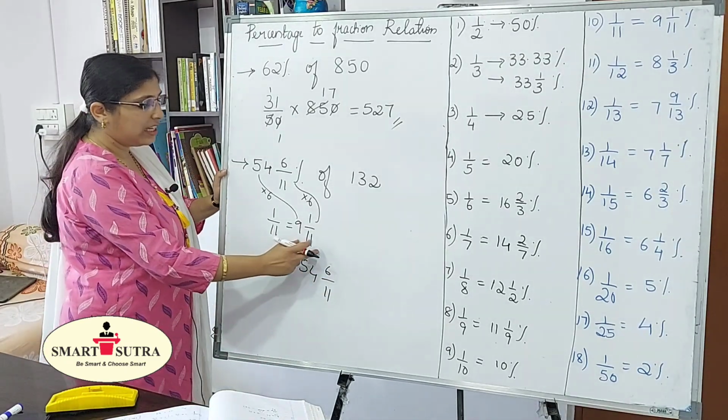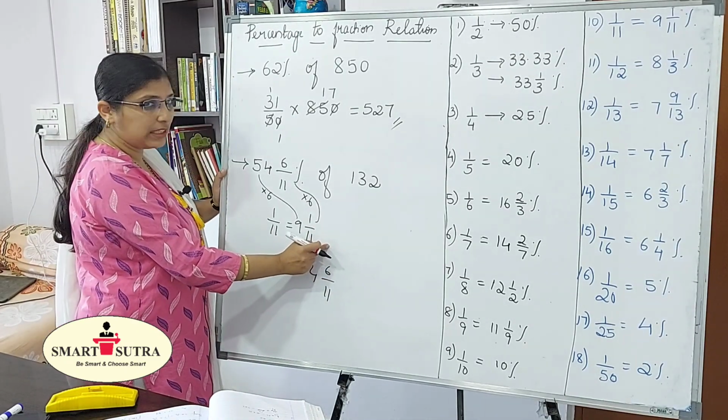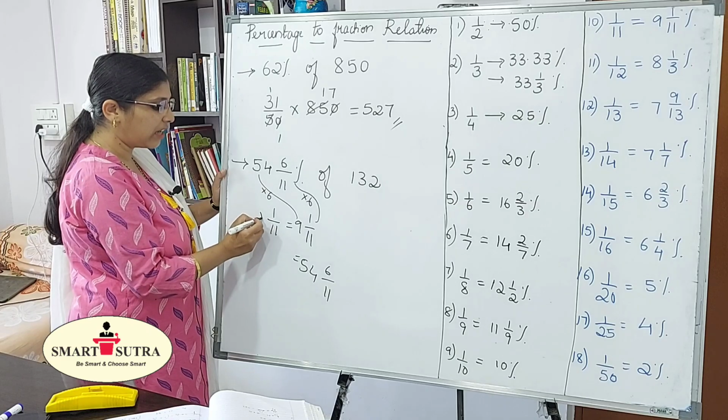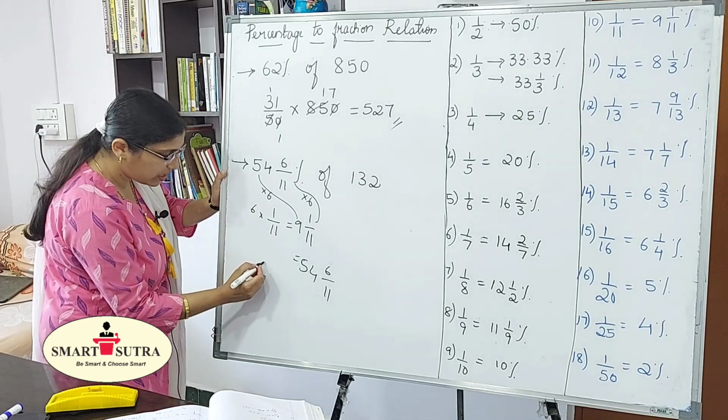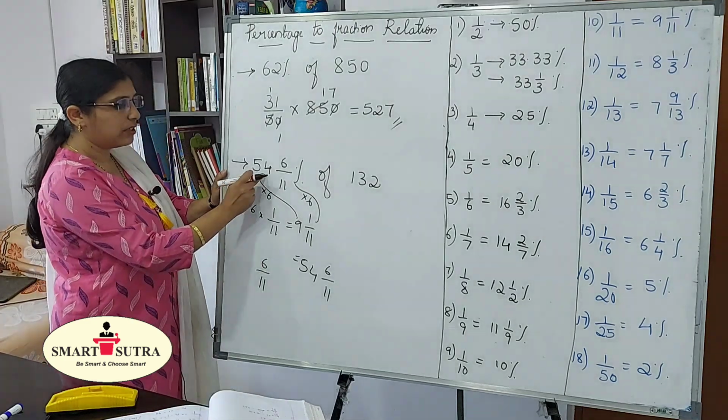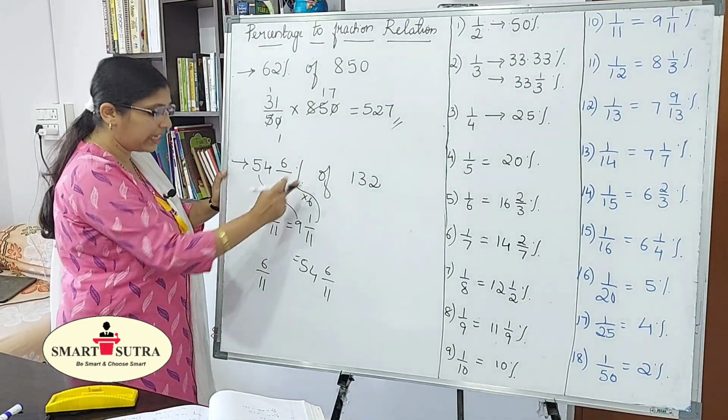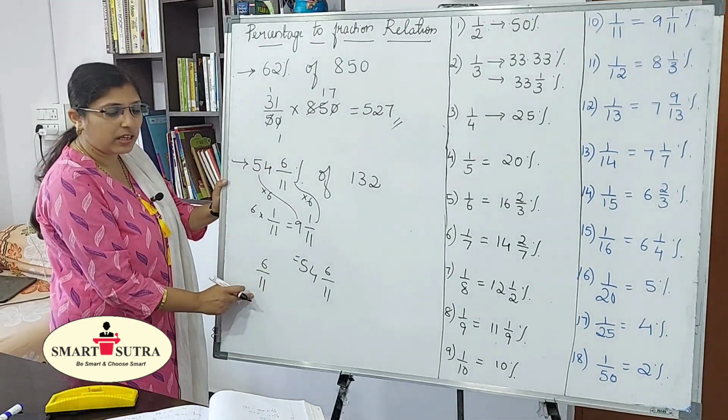So when anything is getting multiplied on the LHS, the same will get multiplied on the RHS also. So it is 6 by 11. That means 54 6 by 11% can be written as 6 by 11.